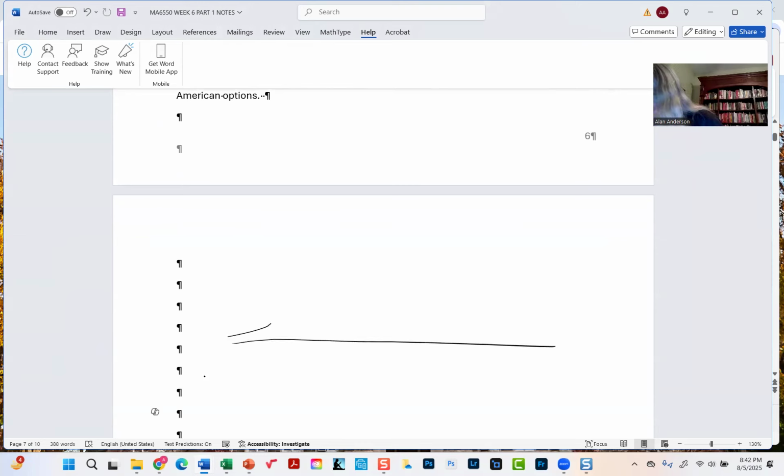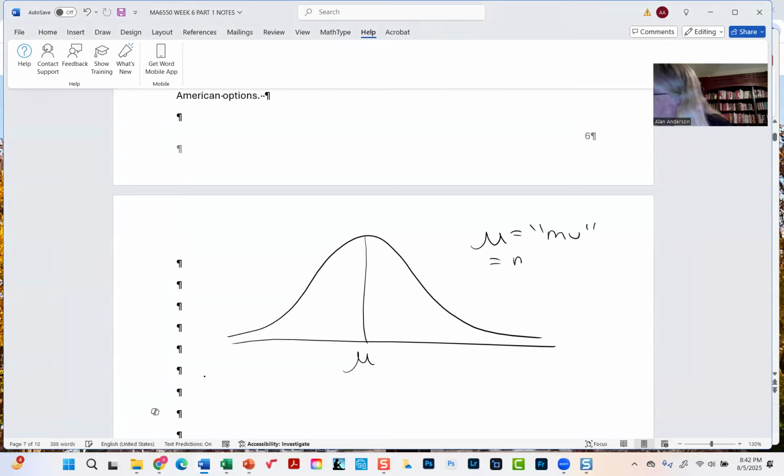So here's our old friend, the bell-shaped curve. The center is usually designated with the Greek letter mu. That's the mean of this distribution. The shape or the spread is designated sigma for standard deviation.